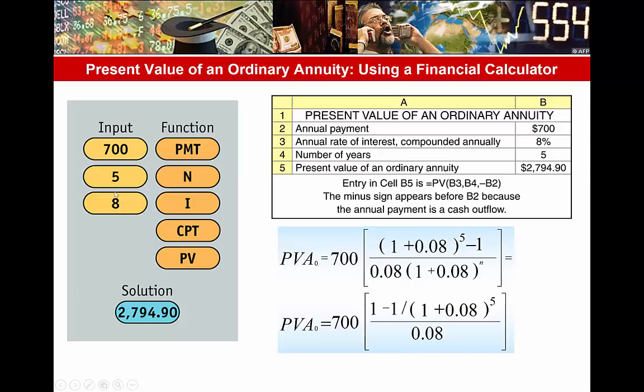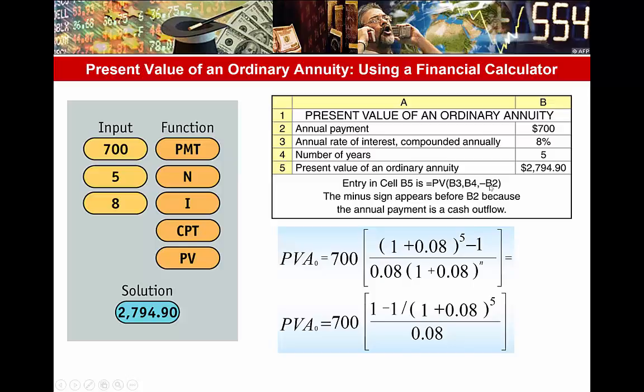So if we look at the previous example, we could produce the solution by inputting payments as $700 over 5 years, n is 5. Interest rate or the opportunity cost is 8%, and simply use the present value button to get $2,794.90. In Excel, we use the present value function where the rate is the first argument, number of years is the second argument, the third argument is the payment.